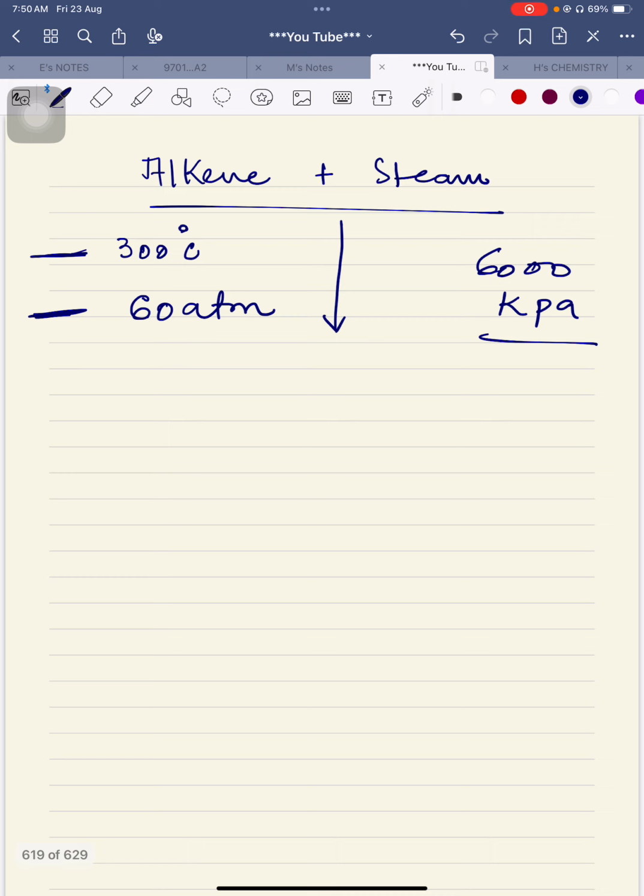So you know that if it is in pascal, what will be there? 60 and this, and 1 2 3. Okay, and then this is called pascal. So instead of writing in pascal, I would like to suggest that you write in kilopascal and in atmosphere as well.